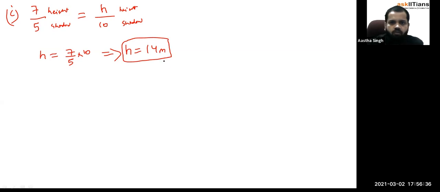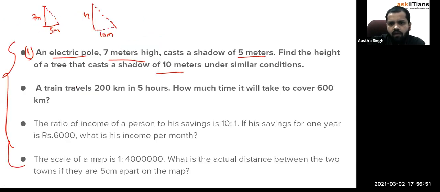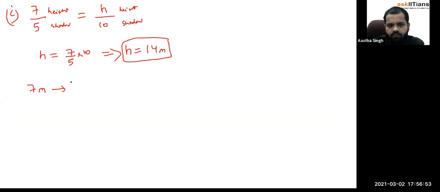This is how we solve it, right? It is according to that question. You can also do it by your unitary method. 7 meter of height casts a 5 meter shadow.